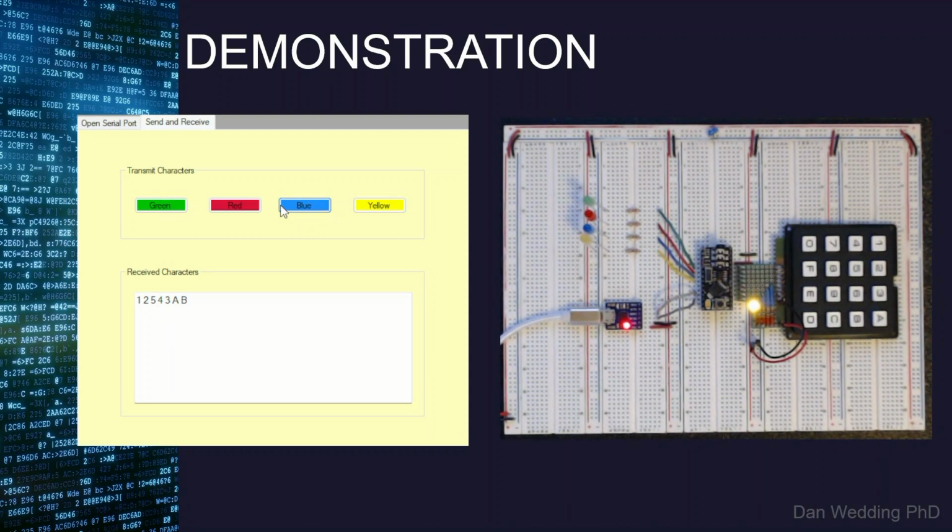Updating the text box does not cause an illegal cross-thread error. Hopefully, this video will give you a good idea on how to set up bidirectional communications between a Visual Basic program and a Picaxe 28x2 using a USB to TTL UART.